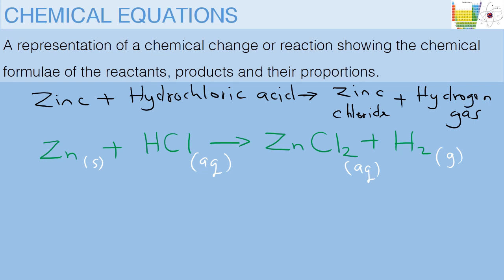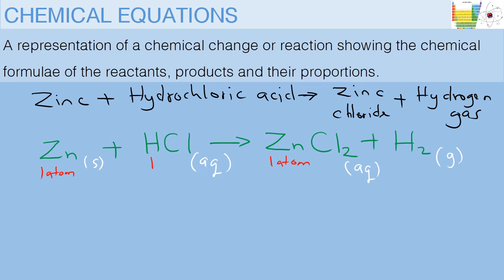In order to balance this equation, we need to look at the number of atoms of each element. On the product side, we have 1 atom of zinc. On the reactant side, we have 1 atom of zinc.